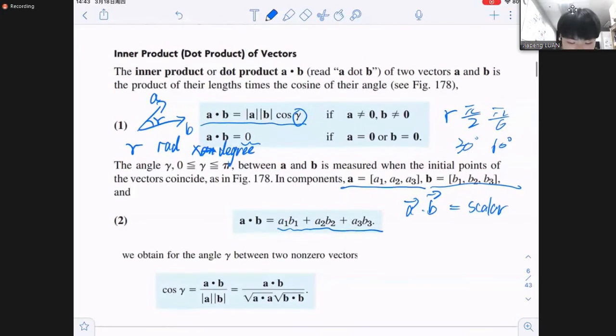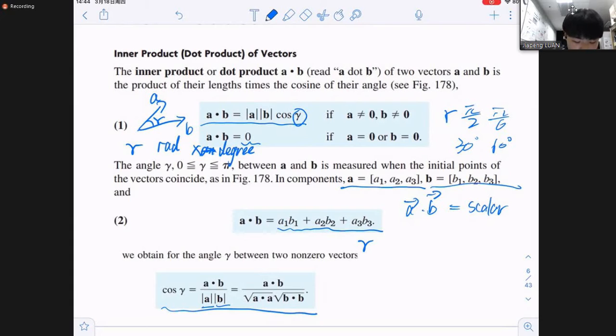And then is the equation to calculate the gamma, the angle between A and B. So this is the equation that you need to remember. It gives you A dot B over A norm and B norm. So that is how to calculate the cosine gamma.